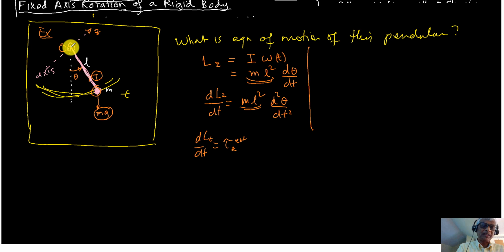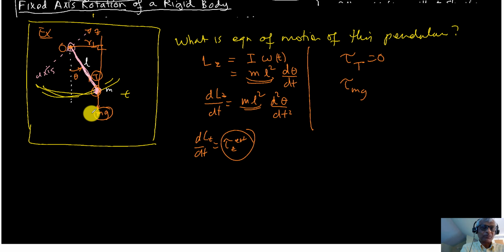The tension T goes right through the axis, so its torque tau is 0. Then the torque of mg: from the axis you drop a perpendicular to the line of force of mg, and that's the lever arm for mg.